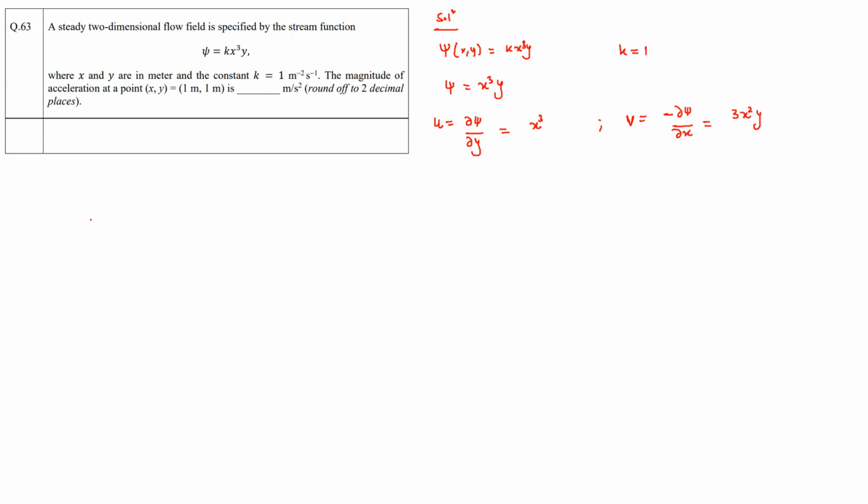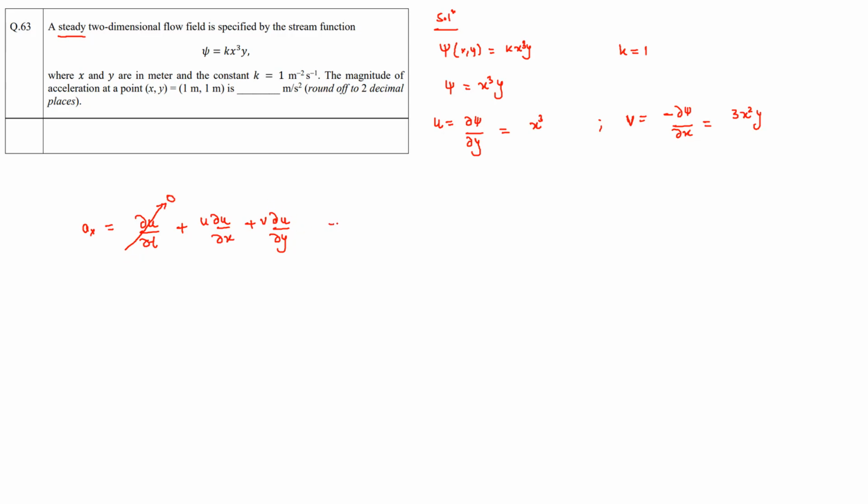Let's calculate the x component of the acceleration, which will be equal to partial u partial t, the local acceleration, plus the advective acceleration. Here we can see that u is not a function of time, as the flow is steady, so we can take this to 0.